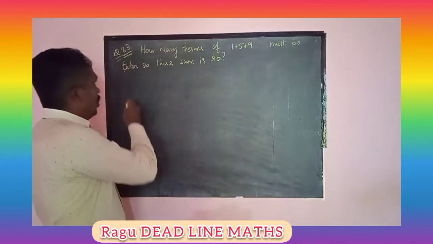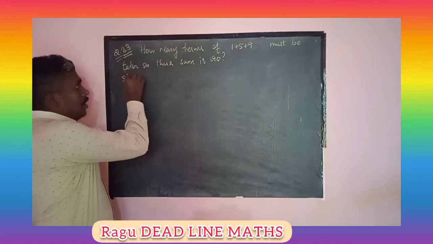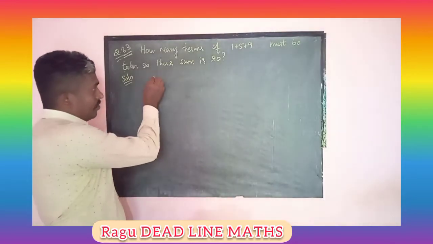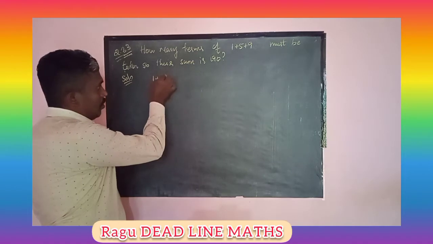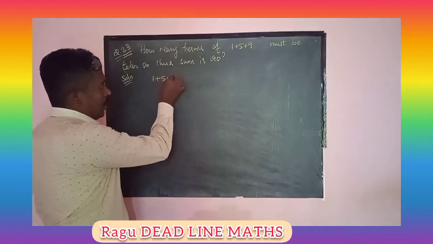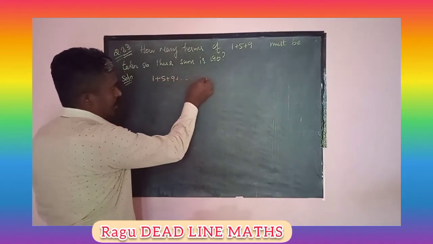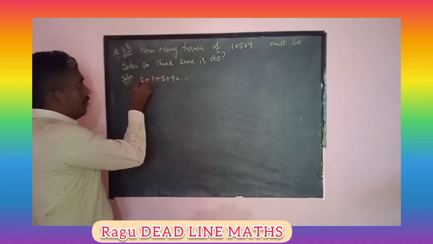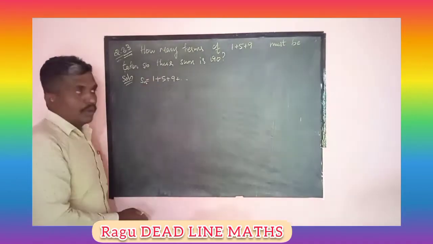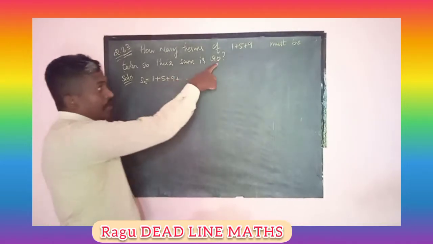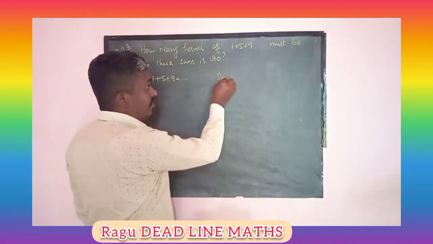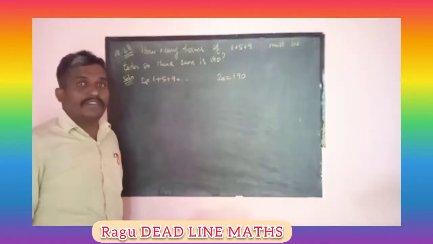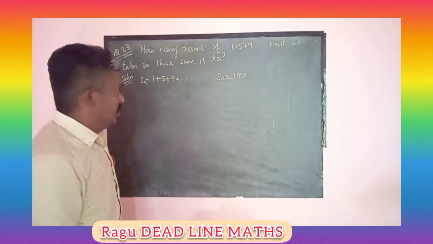That is the question. See here, first, the given sequence is 1 + 5 + 9 + etc. Next, the sum of the sequence is given as 190.